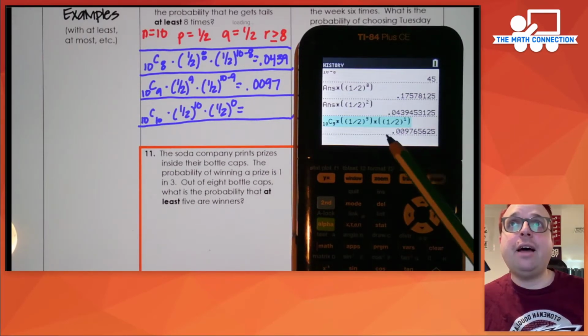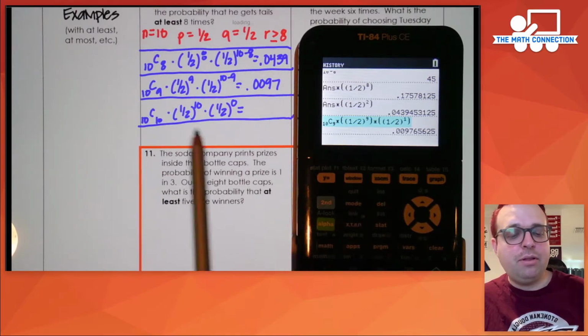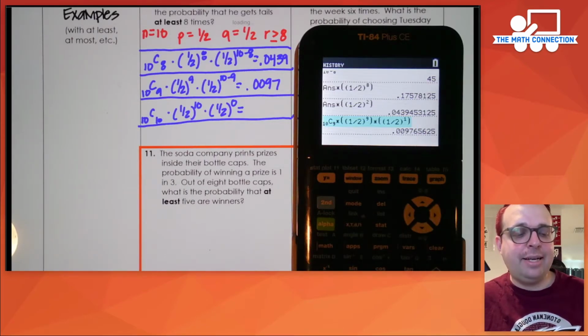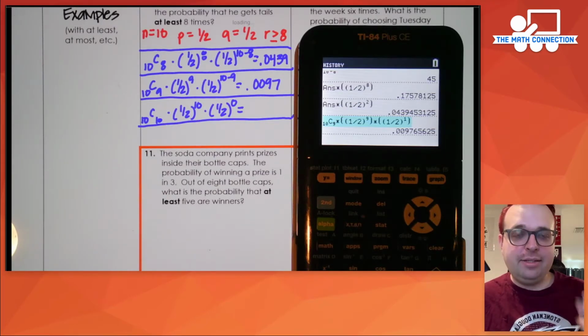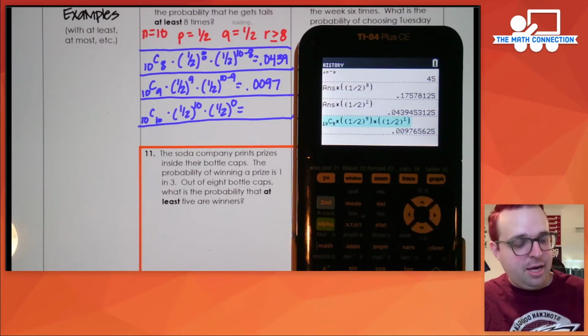I found maybe what could be a faster way of entering this into the calculator. If you look at my calculator screen, this is the entire second one where the R is 9. The whole thing is written out, and I did get the correct answer. When you have to repeat these formulas over and over again, you can just use your arrow keys to roll up to it and hit the enter key.